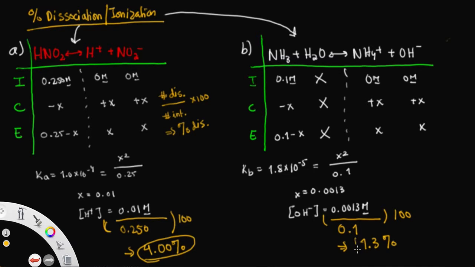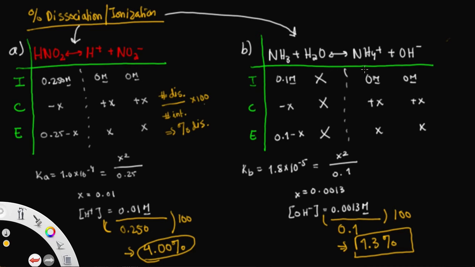If we multiply it by 100, we should get 1.3%. This 1.3% tells us that this NH3, this ammonia, had a 1.3% ionization to create a certain amount of OH-. Excuse me, I'm getting kind of mixed up.